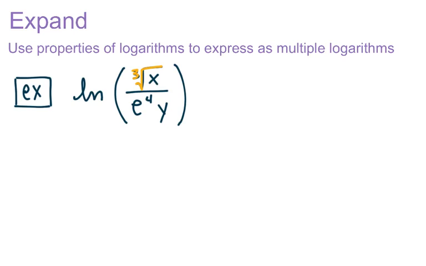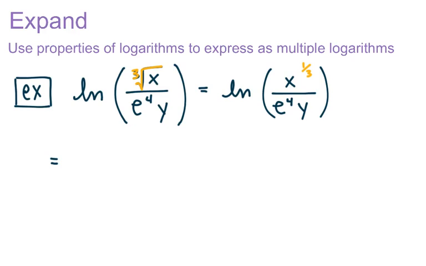And moving ahead in math, rewriting radicals as rational powers is something that we do quite often. So I'm going to rewrite this. So this is now x to the 1/3 power divided by e to the fourth times y. So that's just a really common thing that we do to help us simplify.